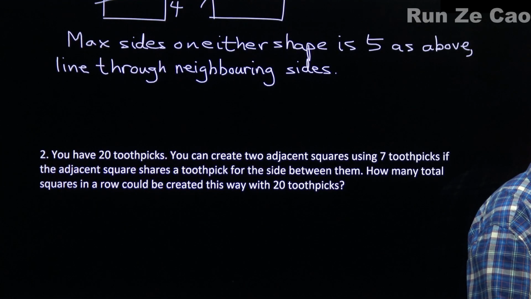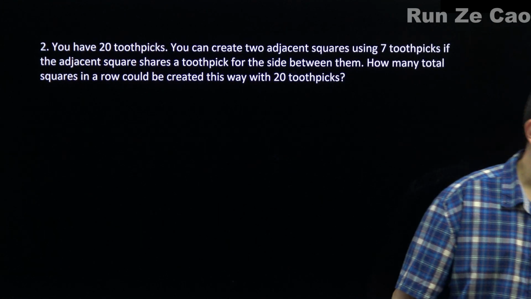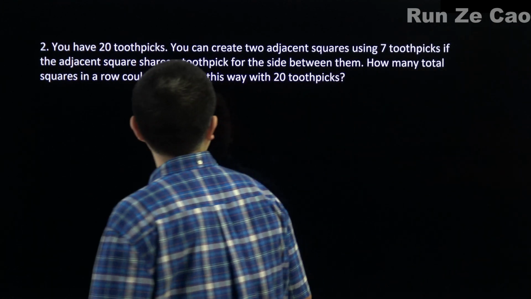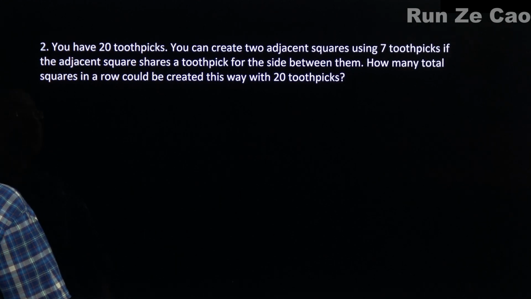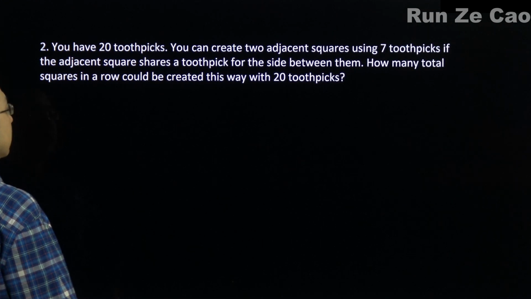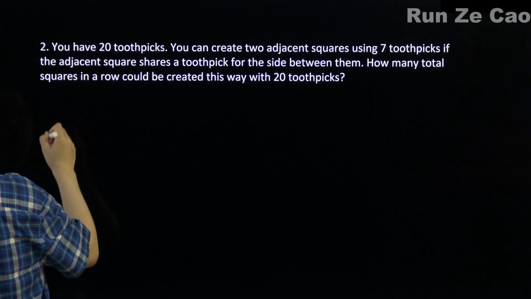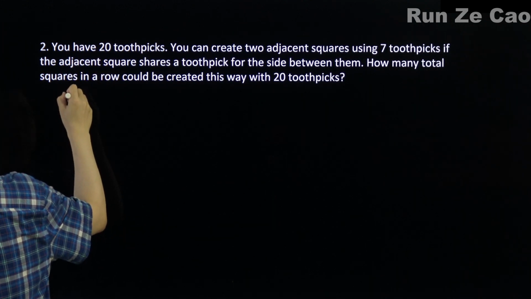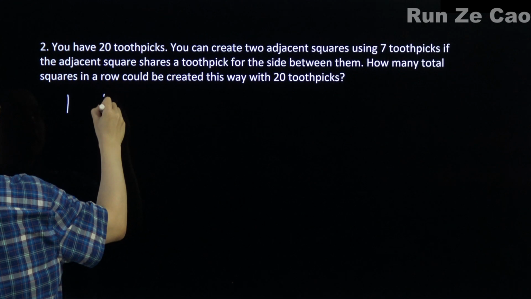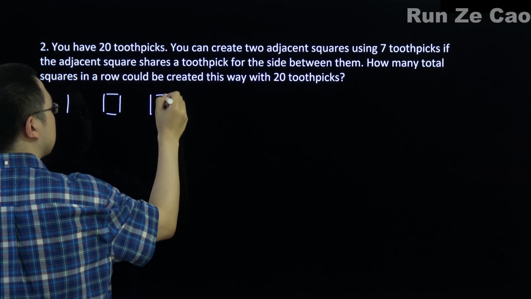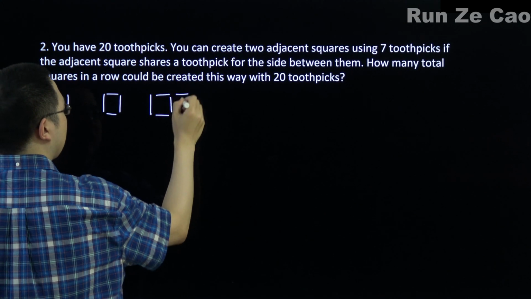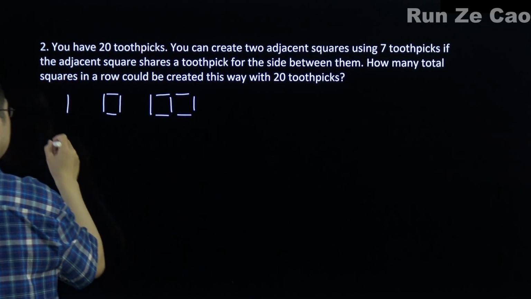Okay, then let's say we have 20 toothpicks. You can make 2 adjacent squares using 7 toothpicks if the adjacent square shares a toothpick for the side between them. So the pattern is 1, 2, 3, 4, 1, 2, 3, 4, 5, 6, 7.